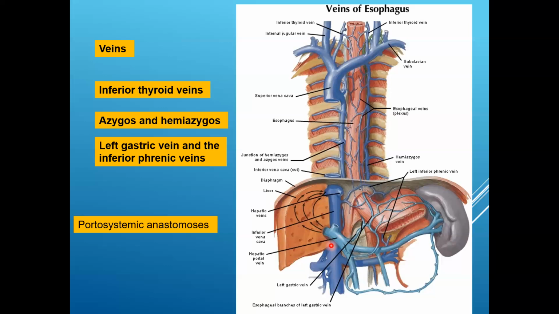This portal system and systemic venous system communicate with each other in 4 important locations in the body. We'll discuss that later on. But one of the important locations is the lower part of the esophagus, or the abdominal esophagus. So the abdominal esophagus is going to be drained by 2 venous systems. One portal, through the left gastric, and one systemic, the inferior diaphragmatic, that goes to the inferior vena cava.